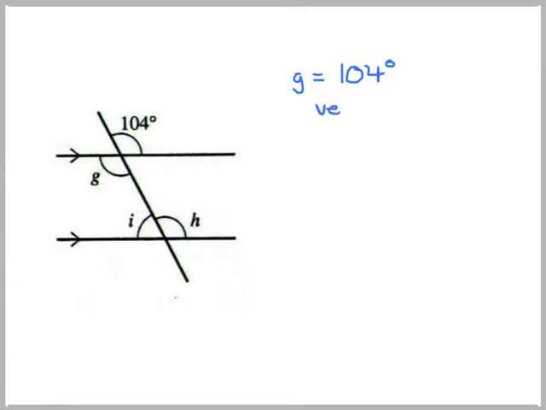And so vertically opposite angles are equal to each other is the reason for that one. So we've worked out this one is 104 as well.